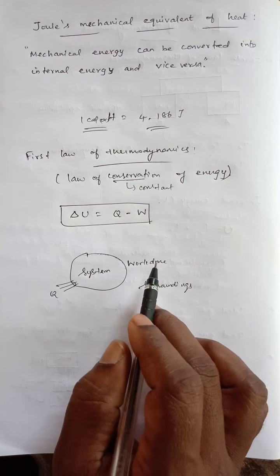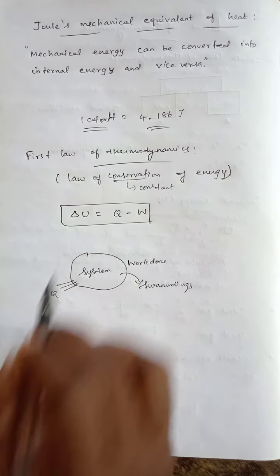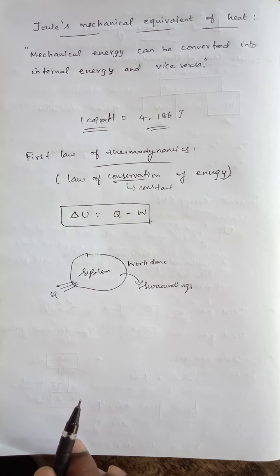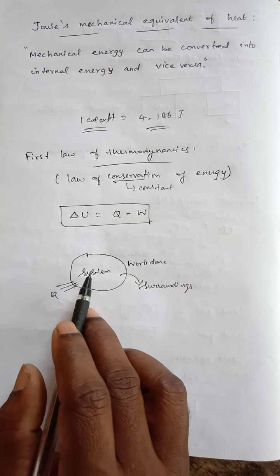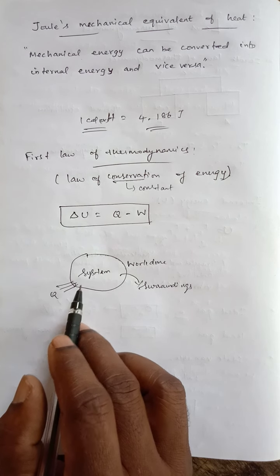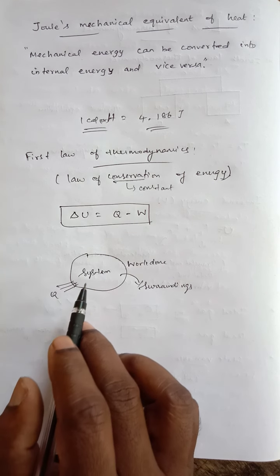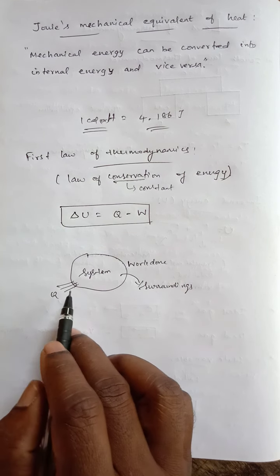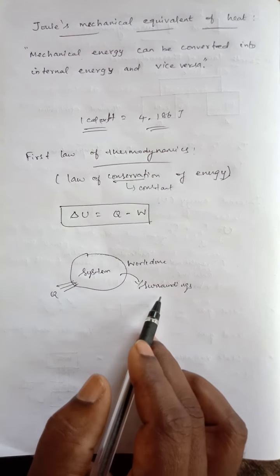The work done by the system on the surroundings changes the internal energy. Initially the system has some internal energy before heat is supplied. The change in the internal energy of the system depends upon the amount of heat energy given to the system and the work it does on the surroundings. Clear?